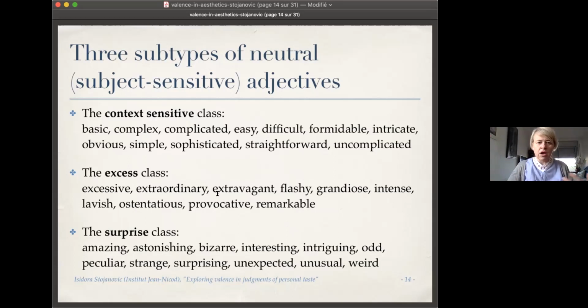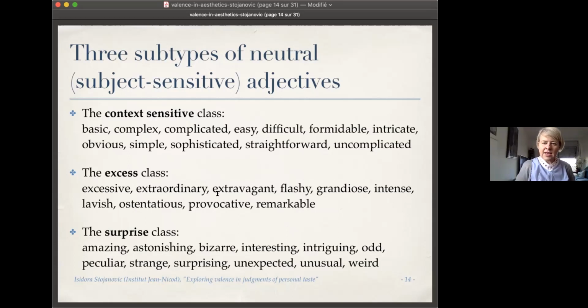So what we call a context-sensitive class, which doesn't mean that the others are not context-sensitive, but this is because the adjectives in this class are such that their value, their valence, very much depends on what you ascribe them to. So here we have basic, complex, complicated, easy, difficult, formidable, intricate, obvious, simple, sophisticated, straightforward, uncomplicated.